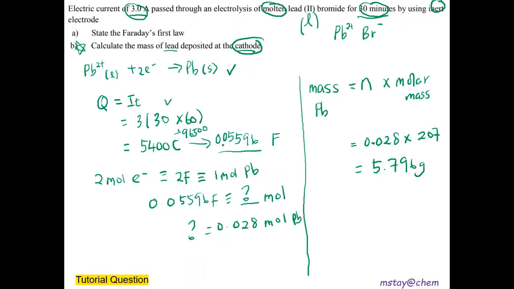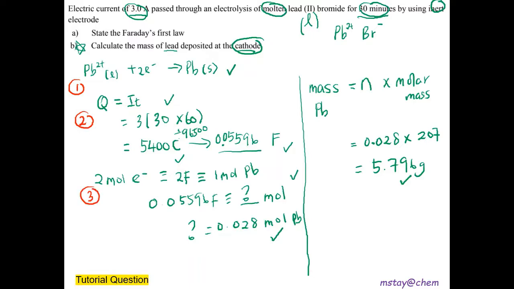Roughly looking at the marks: Q equals It, you will get 5400 coulomb, and then convert to Faraday. Do the comparison and get the number of moles, multiply with the molar mass, you will get the mass. So basically step 1, step 2, step 3.